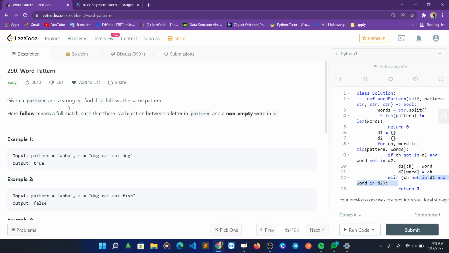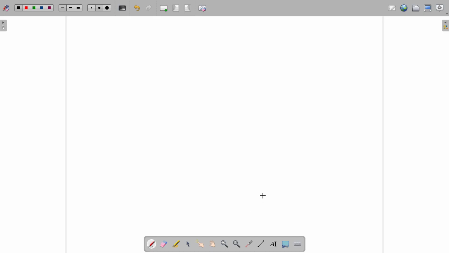So we are given a pattern and a string S, and we have to find if S follows the same pattern or not. What it basically means, let's understand this. We are given two things, a pattern and a string.